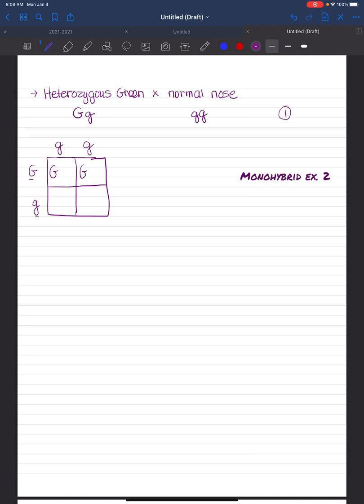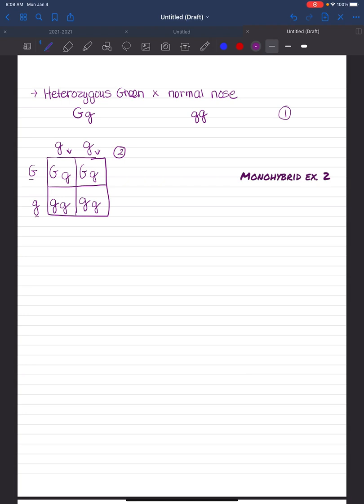She's going to contribute the little g to these 2 gametes. Dad is going to contribute the little g and a little g. And so now of the offspring, you have 4 possible combinations. And so that's step 2, to fill in the Punnett square.